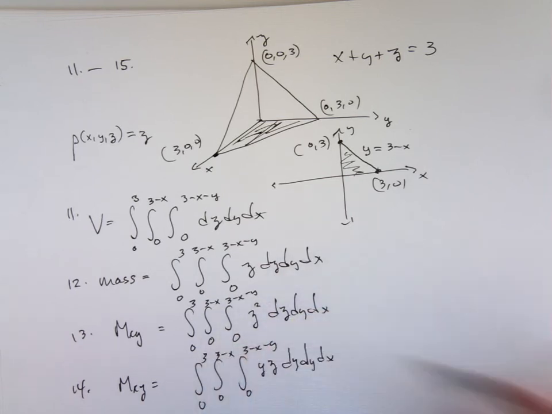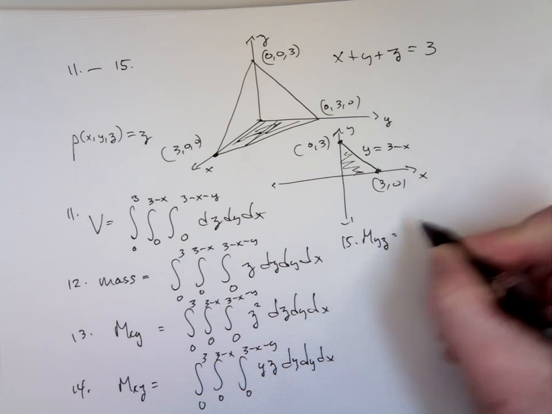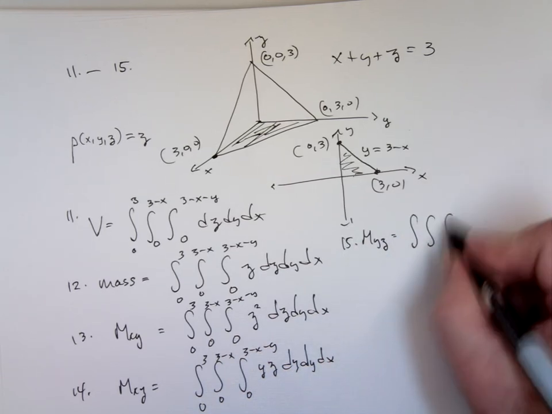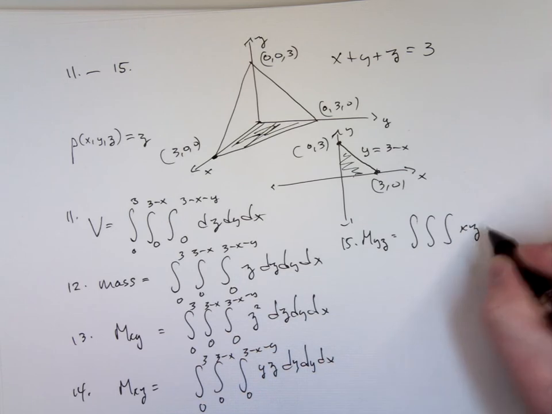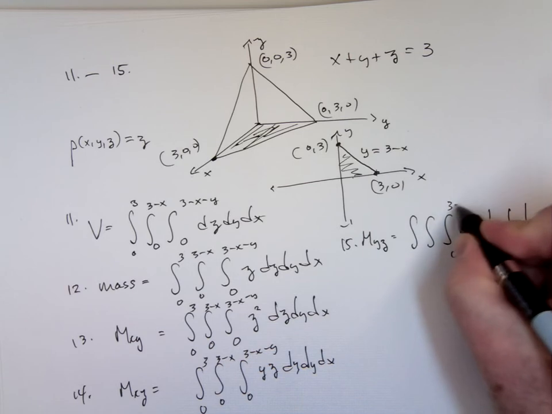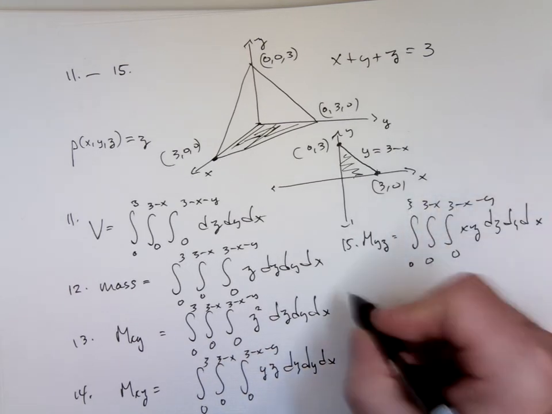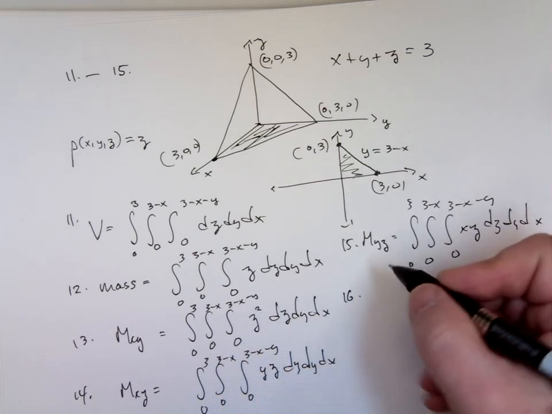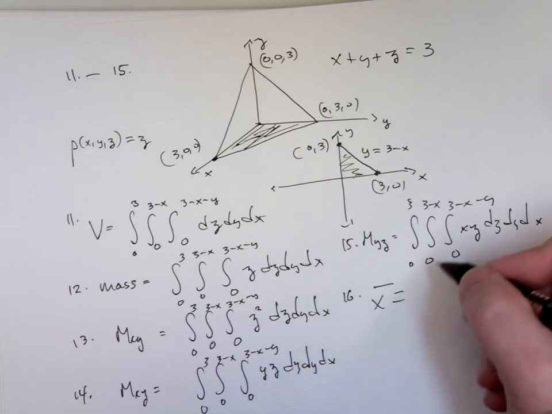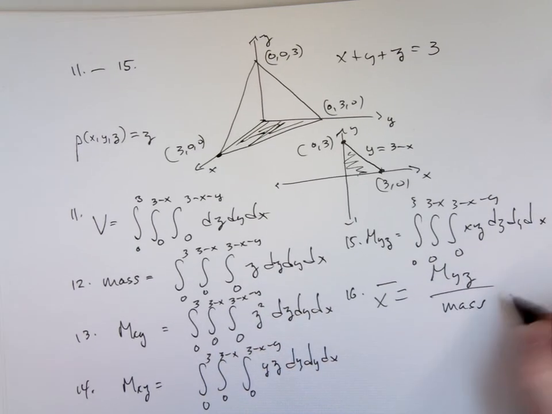And that's what we have. And the moment from the yz plane, holy mackerel, that distance is x. And everything else is the same. To find x bar, take the moment from the yz plane and divide it by the mass. Woo! Okay, everybody all set on that one?